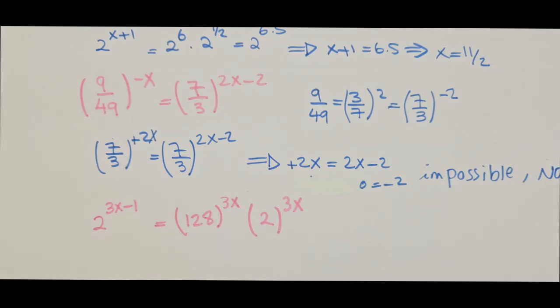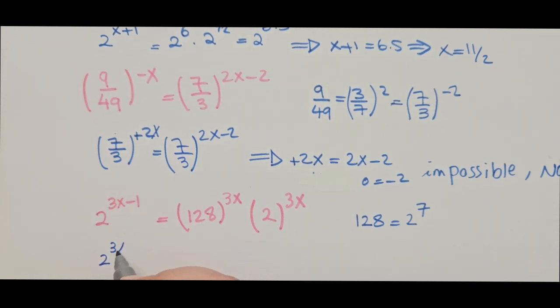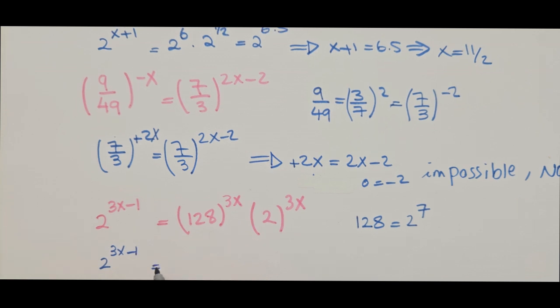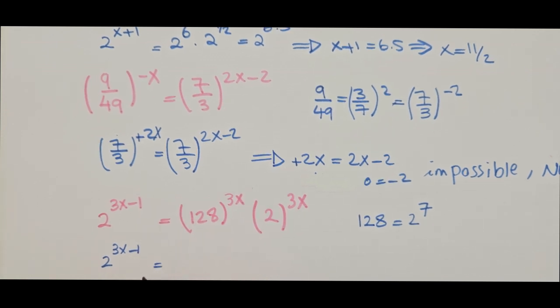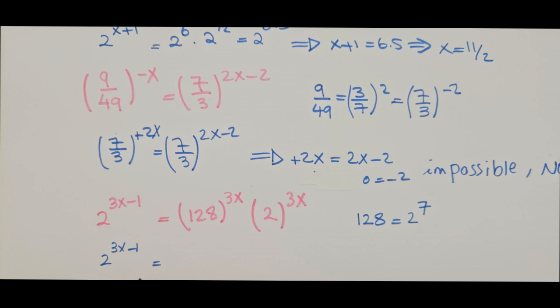Now the next question. Again, you would see that you have 2 on both sides, and 128. You can definitely change it to base 2, to the power 7. Now I substitute everything, and after simplification, I just leave it to you. I just jump 2 steps together. So that would be 2 to the power 3x minus 1.